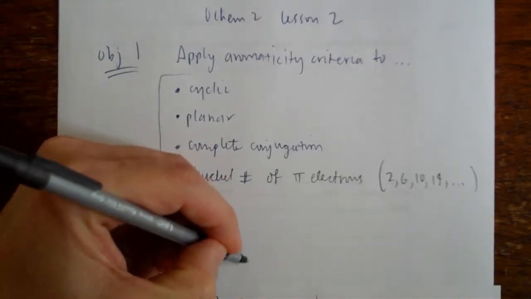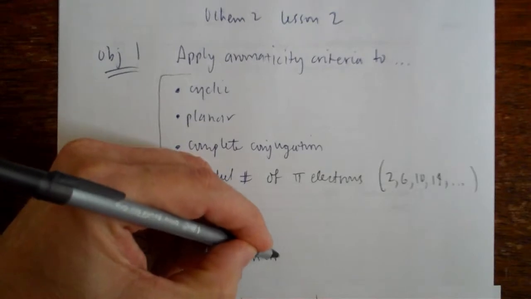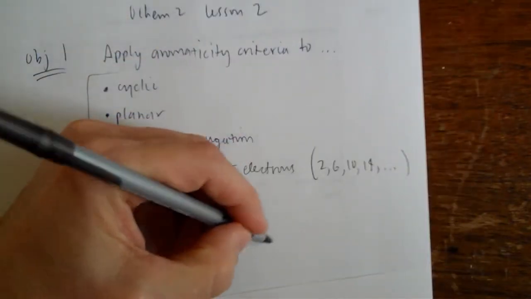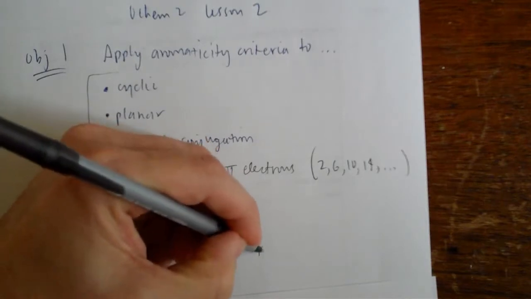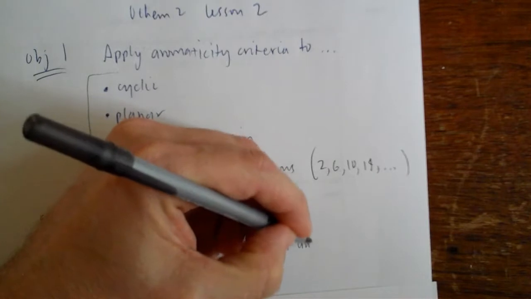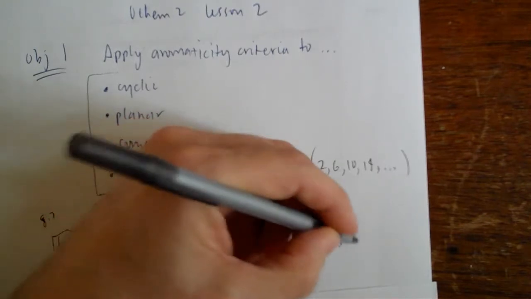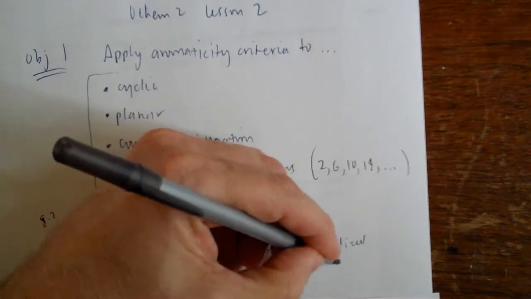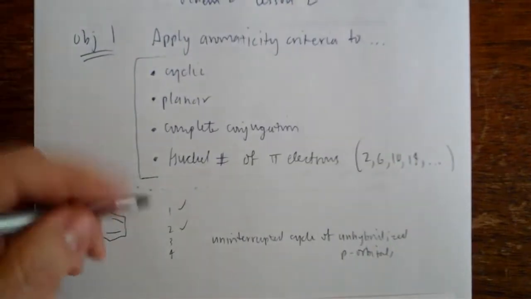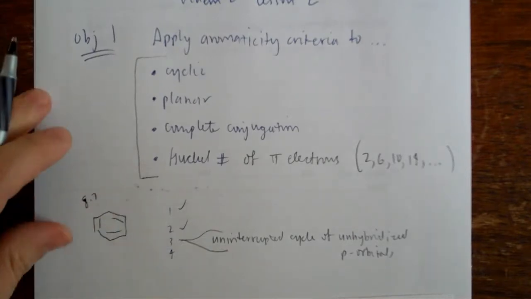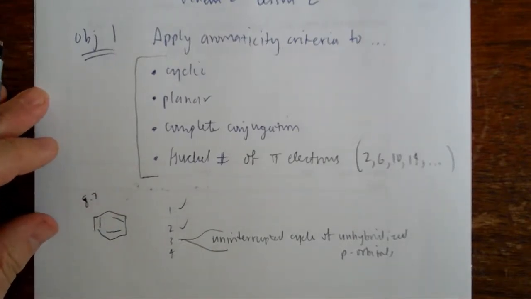And another way that I sometimes say that in a class, it has an uninterrupted cycle of unhybridized p orbitals. Okay? That's really number 3. Uninterrupted cycle of unhybridized p orbitals.